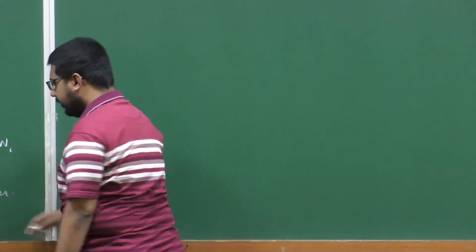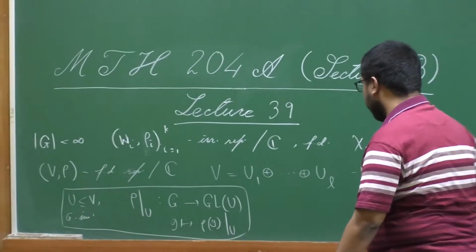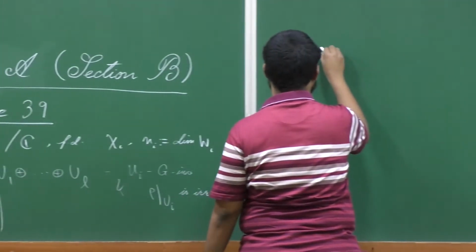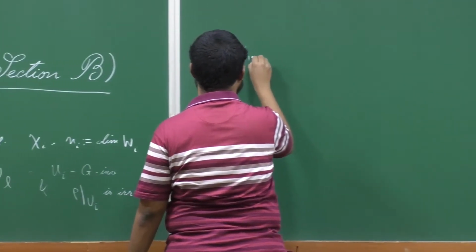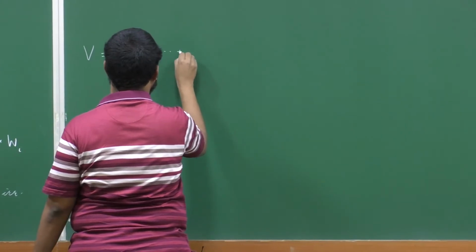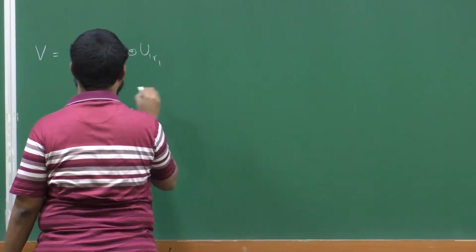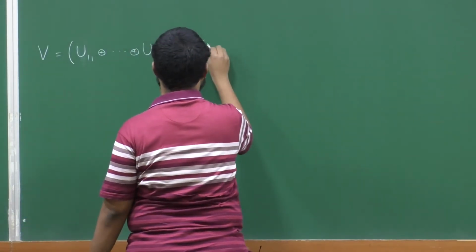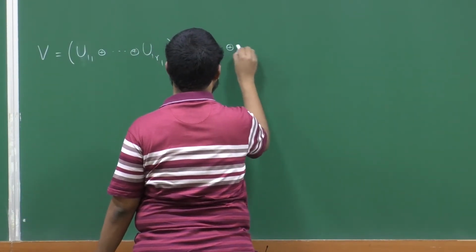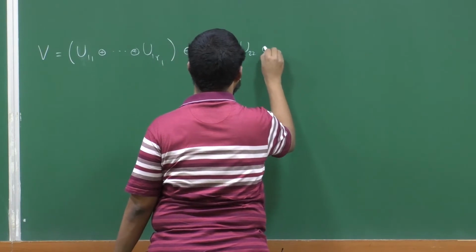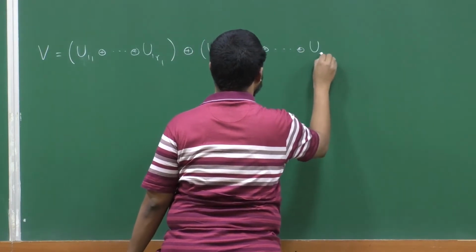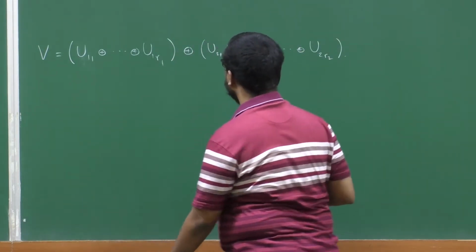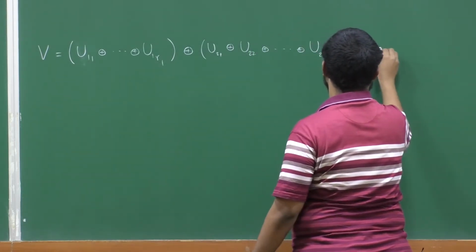So I will just relabel things in a convenient way. Let me do it in this way: U_11 up to U_1R_1, U_21 up to U_2R_2, and it goes on.